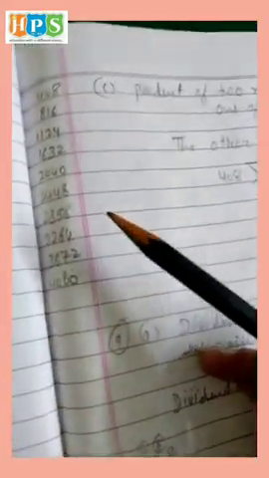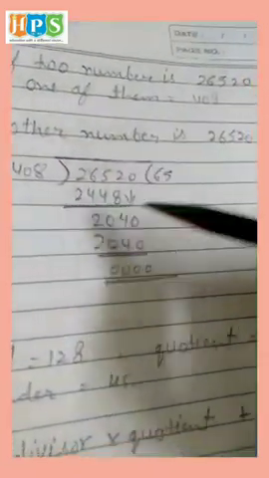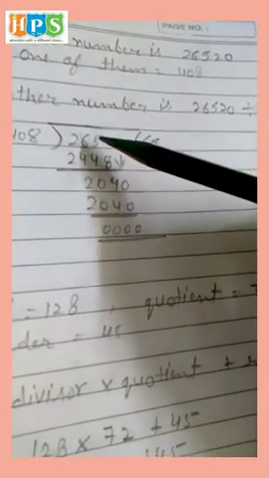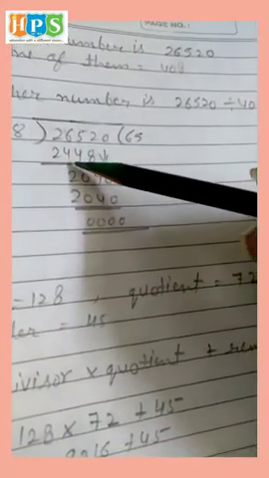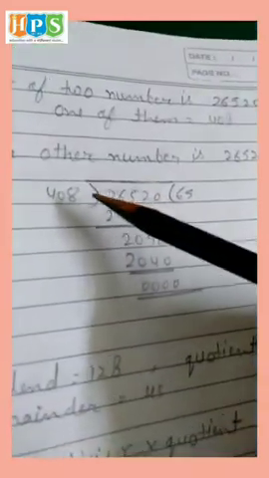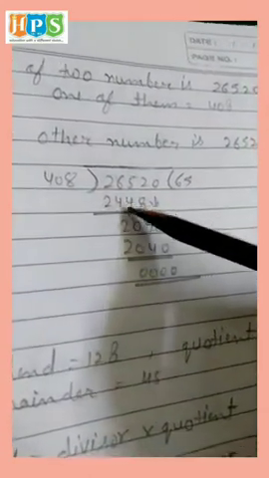We need the table of 408. 408 sixes are 2448.